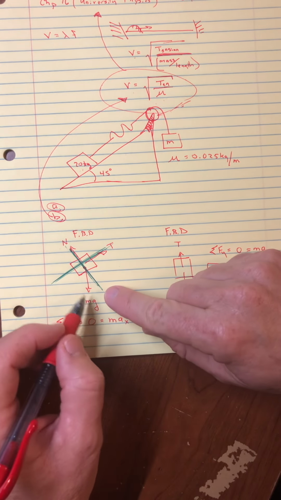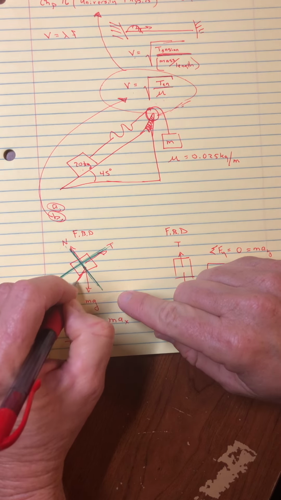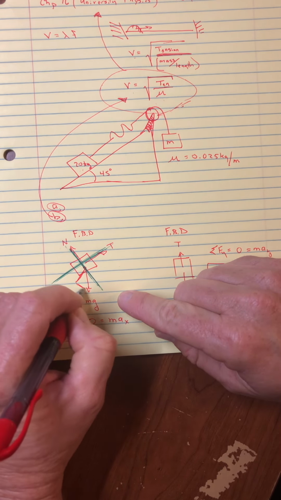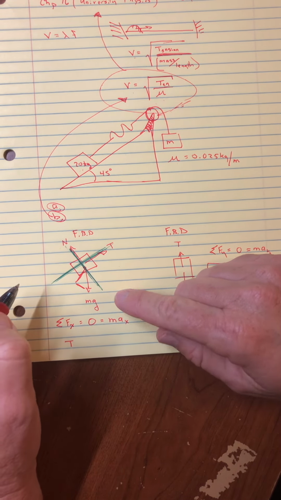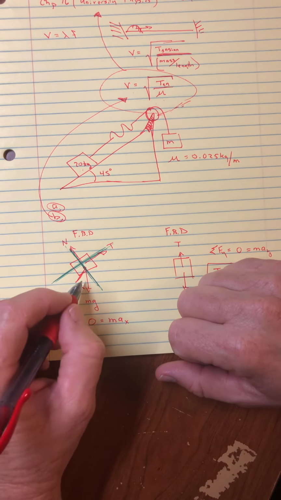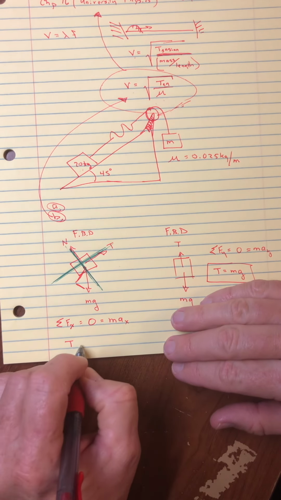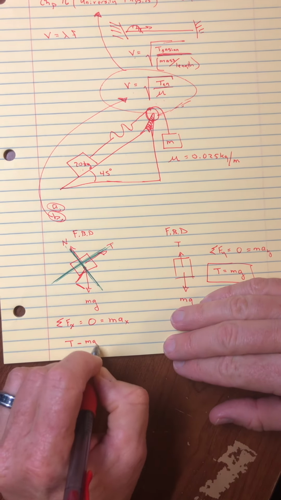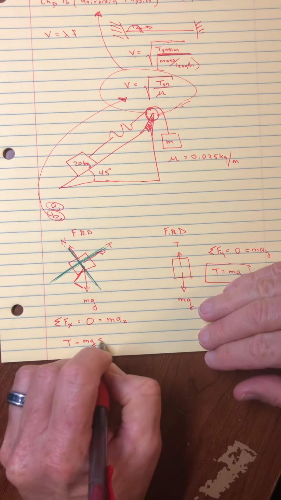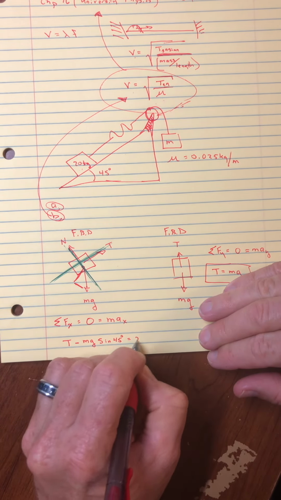And then this is that gravitational force where we said there would be a component down the hill and another component into the hill. And the component then down the hill is the sine of the weight hanging. So I'm going to write that as Mg sine of 45 degrees equals 0.